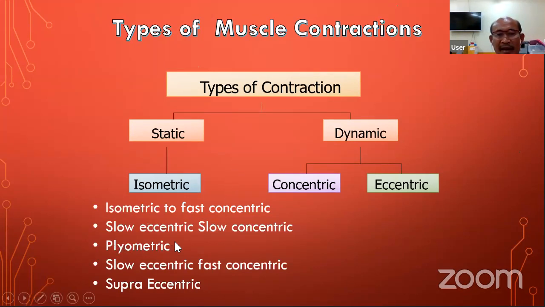You can do plyometric. Plyometric means you do eccentric first and then combine with concentric immediately. Very fast movement becomes plyometric exercise. You can do slow eccentric and fast concentric: you sit down very slowly and you jump up very fast. It means you combine slow eccentric and fast concentric contraction. Last but not least, you can do supra eccentric.